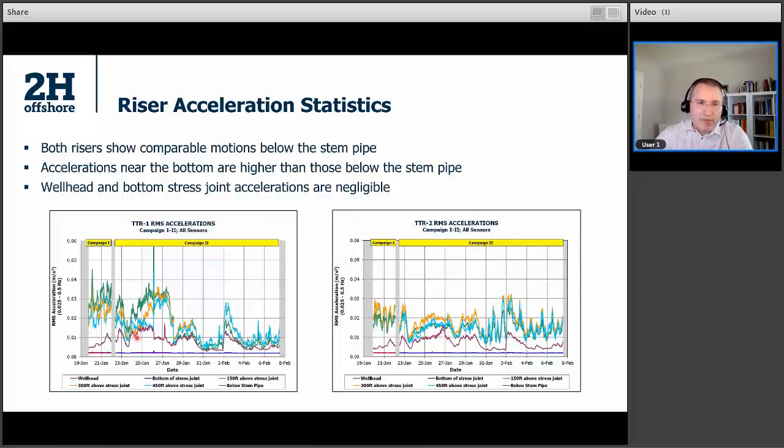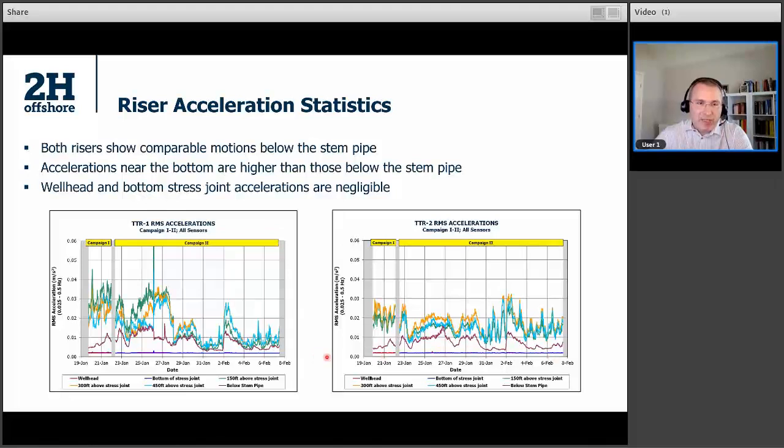What I mean is this blue, orange, and green lines are showing the acceleration RMS values coming from the sensors above the stress joint, and they are greater than the motions observed at the stem pipe. And when we look at the wellhead and bottom stress joint accelerations, they are the blue and red colors here.